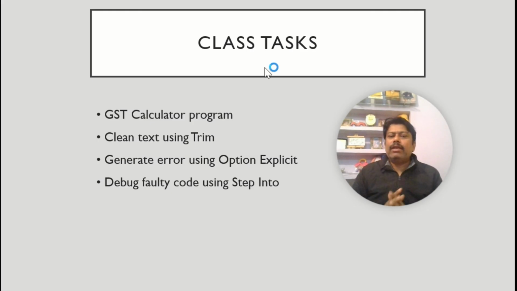Hopefully, we have already discussed a lot about programming essentials of VBA. That's all for this video, and in the next video we will cover the coding part. Definitely, we will start the coding in module 3, and keep watching. Thank you.